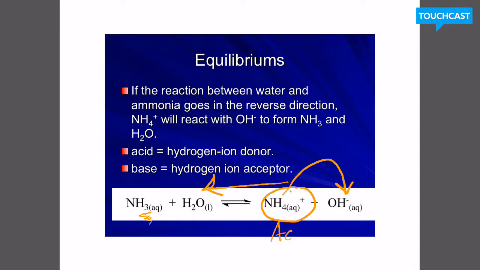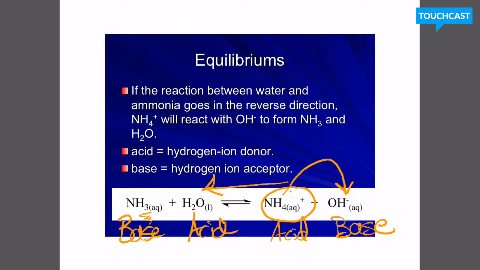So this guy's behaving like an acid. And since the OH accepted that hydrogen ion, this guy would be behaving like a base. So in the reverse direction, ammonium would be the acid and hydroxide would be the base. But as you know, in the forward reaction, this guy is your base and water actually behaves like an acid.